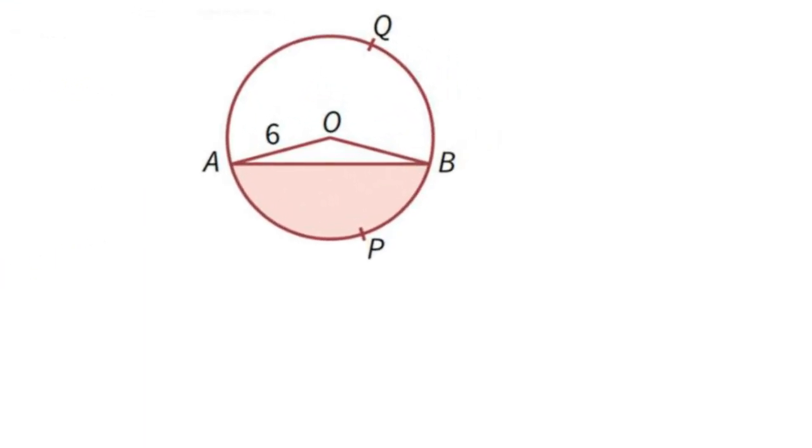Will be good for you to see that we already have the triangle area, which is 9 cm squared. So if I know the sector area, which is the whole sector, how do you think we can find this segment?